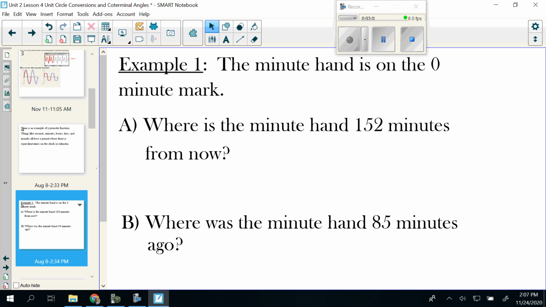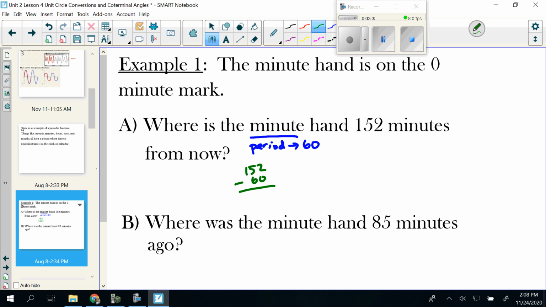Well, what we want to do here is figure out what the period is. If we're talking minutes, the period on the clock repeats every 60 minutes. So the period here is 60. There's a couple ways you could do this. One is to remove the number of periods, so you could subtract to get there. One way would be to take 152 minus 60.